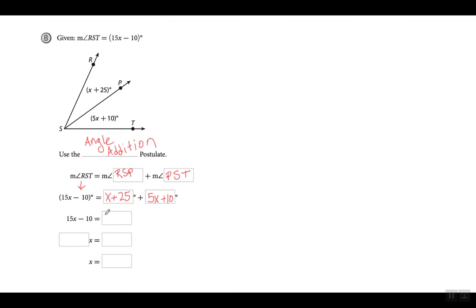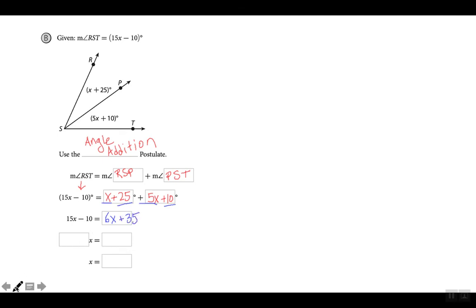So on the right-hand side, I'm going to add x plus 5x. Remember, there's an invisible 1 here. So 1x plus 5x is 6x. And now I'm going to add the 25 plus the 10, which is going to give me 35.